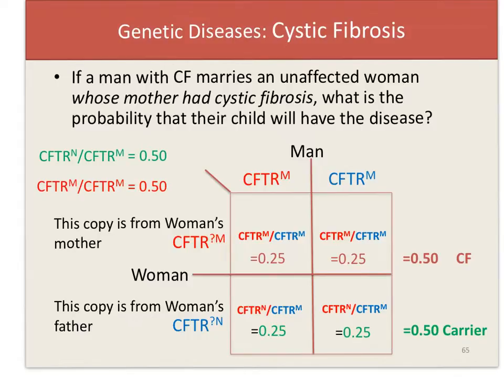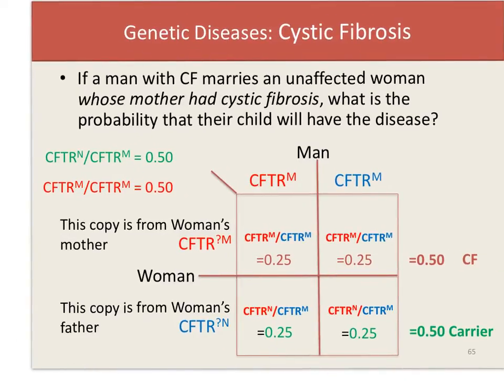And then there's this man who actually has cystic fibrosis. In other words, he has 2 copies of the mutant gene. So then you just go across. Here's the bad allele right here, the mutant, and the mutant. So you both have mutants here. Here you also have mutant.